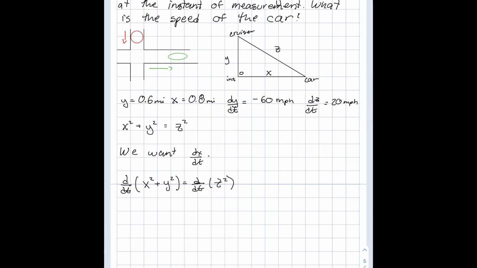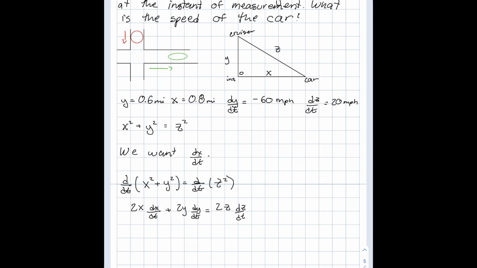So when I take the derivative of x squared, it's going to be 2x dx/dt plus 2y dy/dt equal to 2z dz/dt.